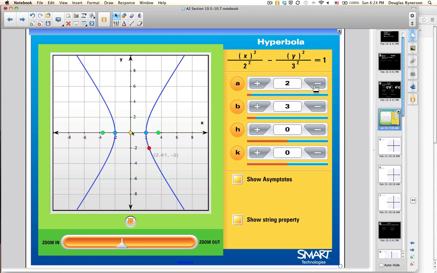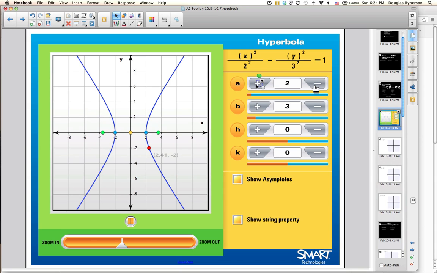Right? When you look at this, we have the yellow dot as the center. The blue dots are the vertices. It's like two parabolas that face each other when you're doing hyperbolas. And the green dots are the foci. Okay, so our curved branches of the hyperbola bend around the foci. They pass through the vertices and bend around the foci.